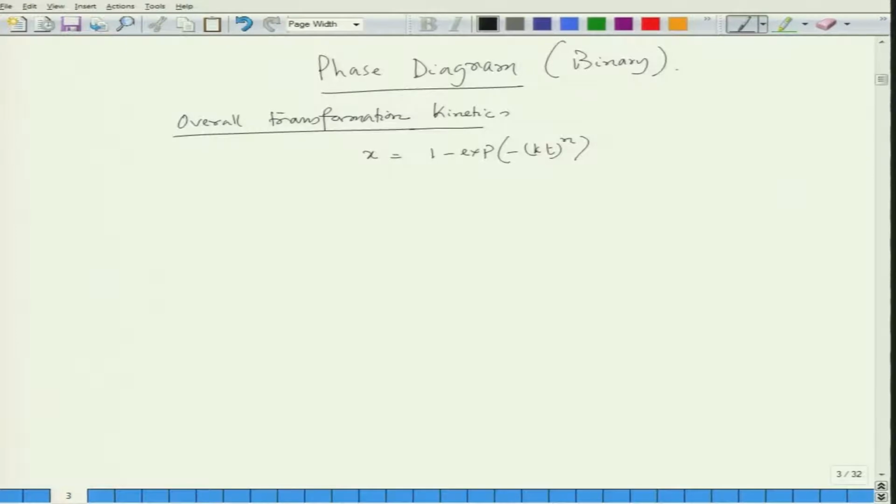And we handled one precipitation reaction where beta phase is forming in alpha phase.